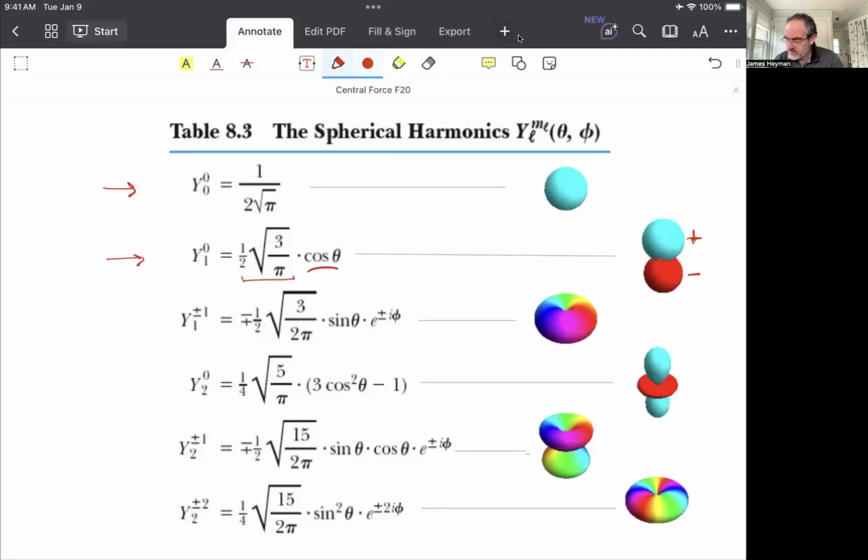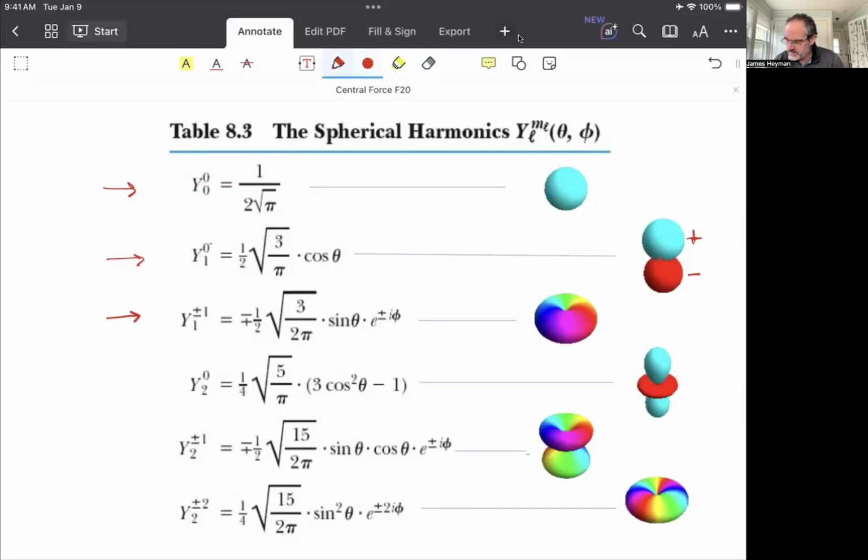All right. So that was y00. But I'm sorry, 0, 1. Y01. But we could have y with L equals 1 and m equals 1, or L equals 1, m equals negative 1. And those two functions are shown here.